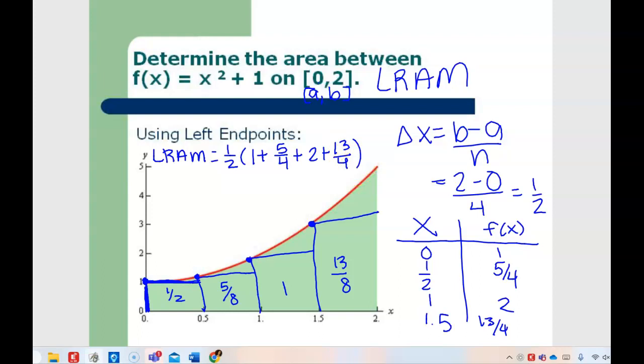Because to get the total heights, I would add them all together as these fractions, or what you could do is add all of the heights and then multiply by a half. Both are going to work. So 1 plus 2 is 3, plus 5/4 and 13/4 gives you 18/4. So 3 in terms of fourths, you would have to multiply by 4/4 and get 12/4. So 12/4 plus 18/4 gives you 30/4.